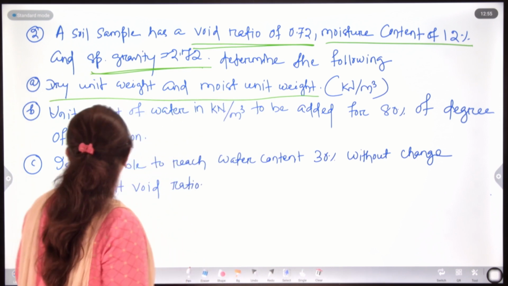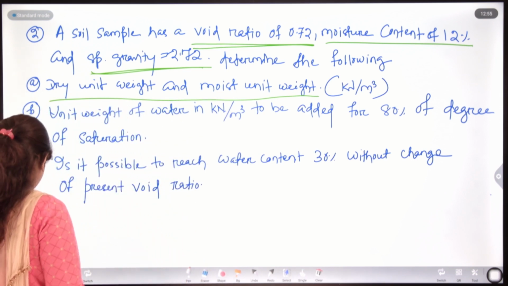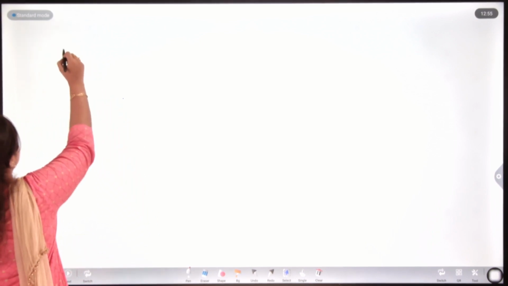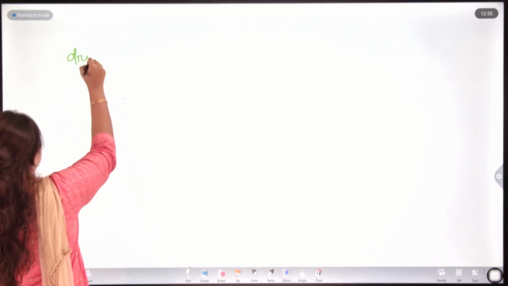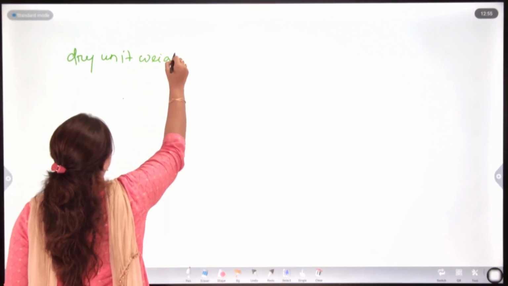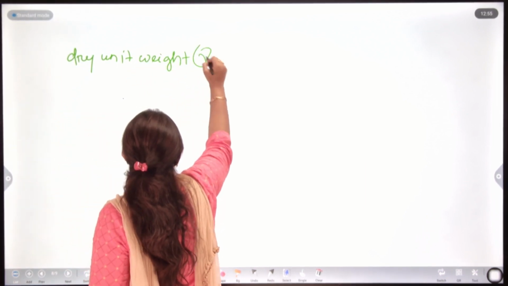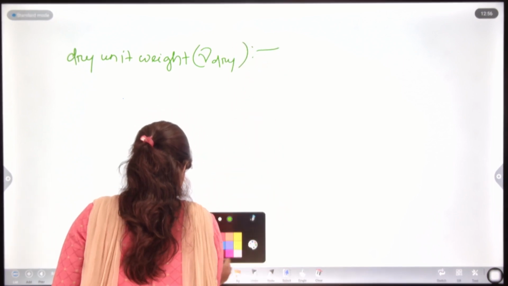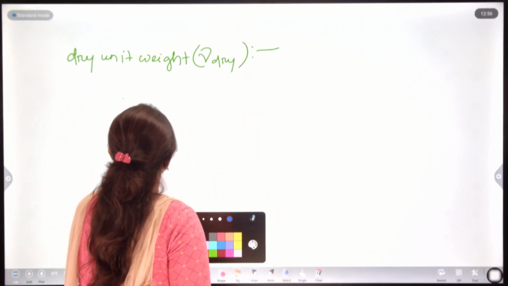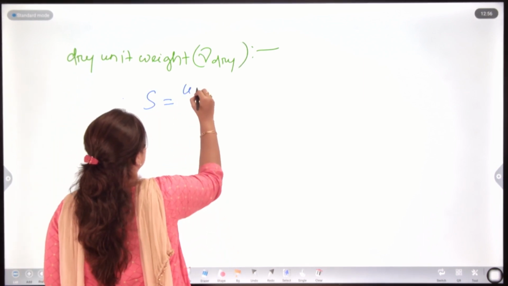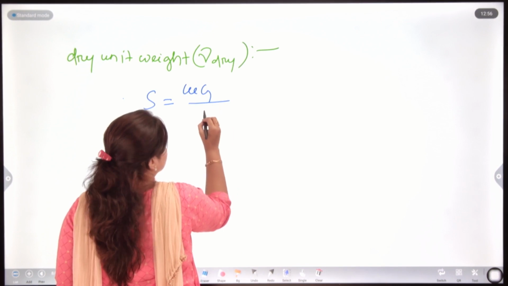To solve this, for dry unit weight, gamma dry, first calculate S. S is your wG upon e.